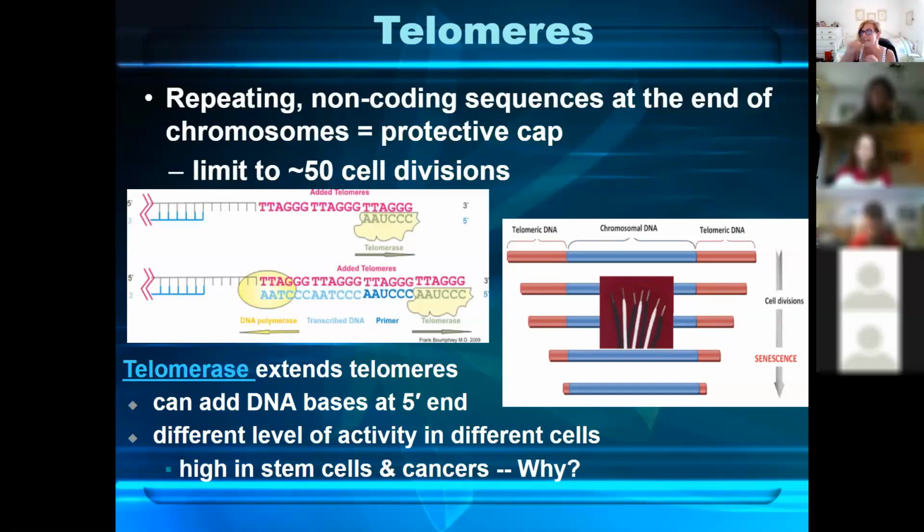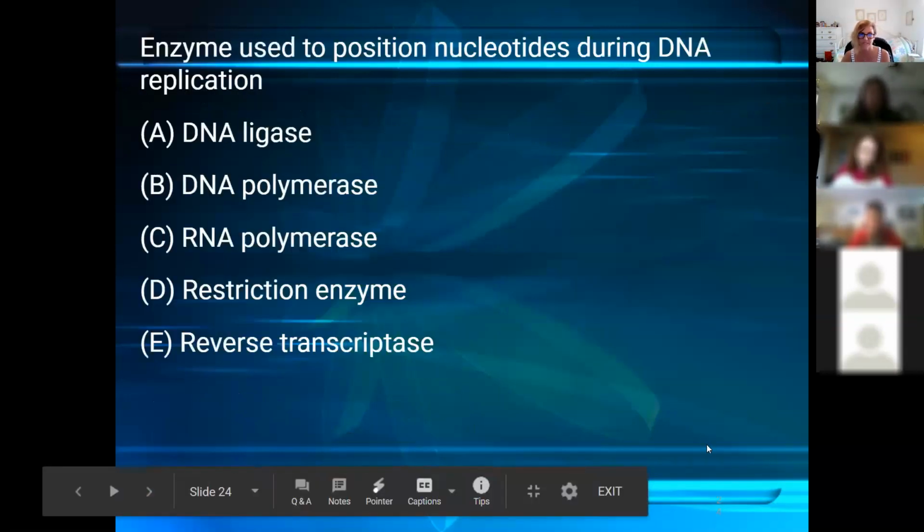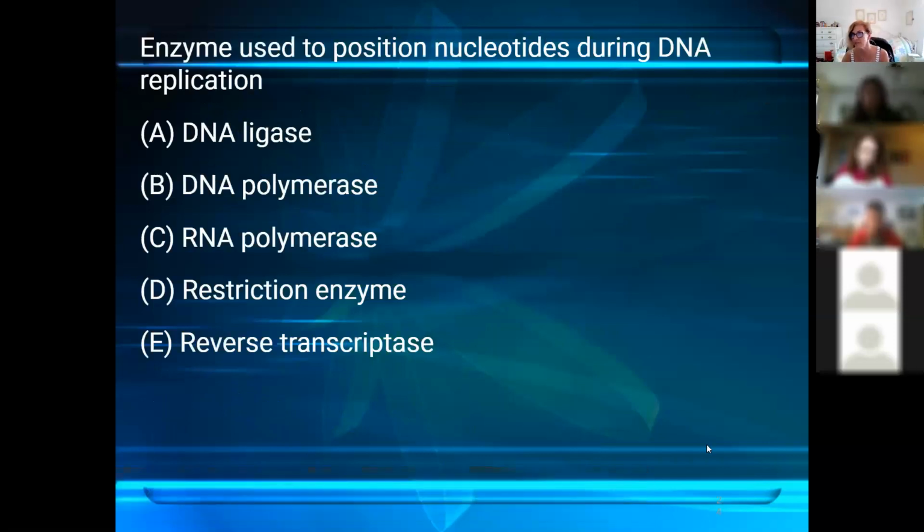It extends the age of the DNA. Stem cells have a lot of telomerase. Cancer cells have a lot of telomerase. That's what gives them an extended lifespan, because they can continue to create telomeres at the end of the DNA. So they're adding DNA at the 5' end. Different cells have different levels of telomerase.